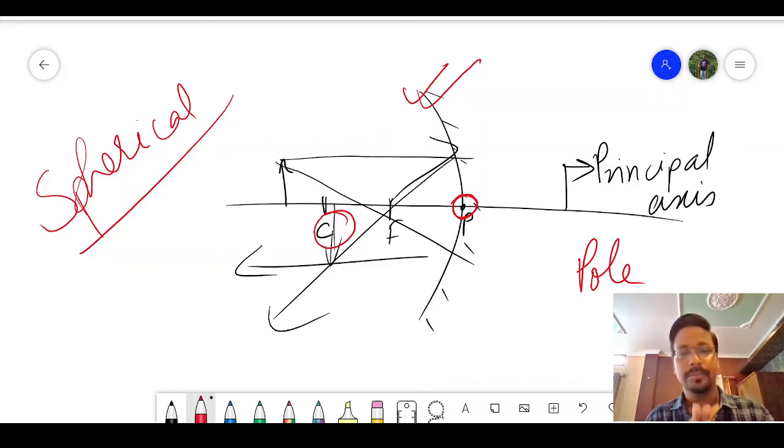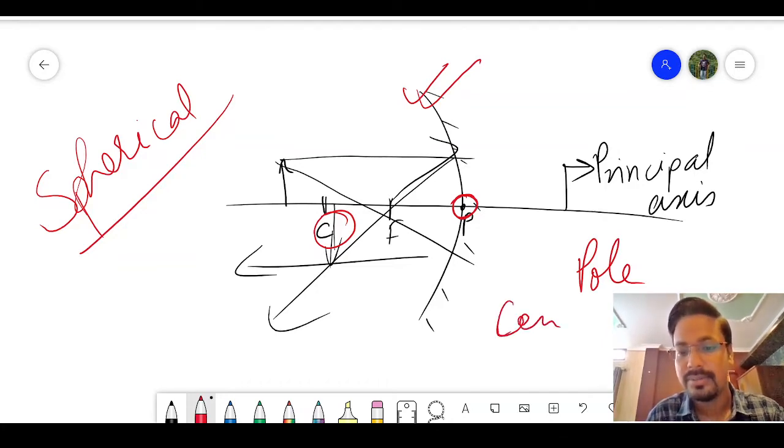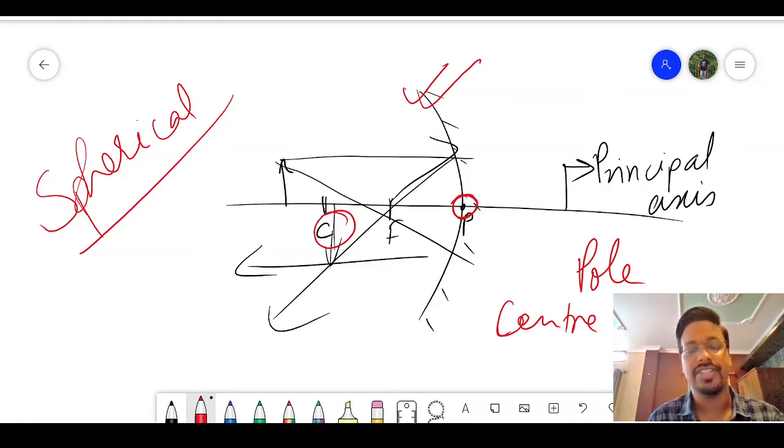When it was a sphere, obviously it had a center. That center is the center of the mirror's curvature. So this point C is called the center of curvature.